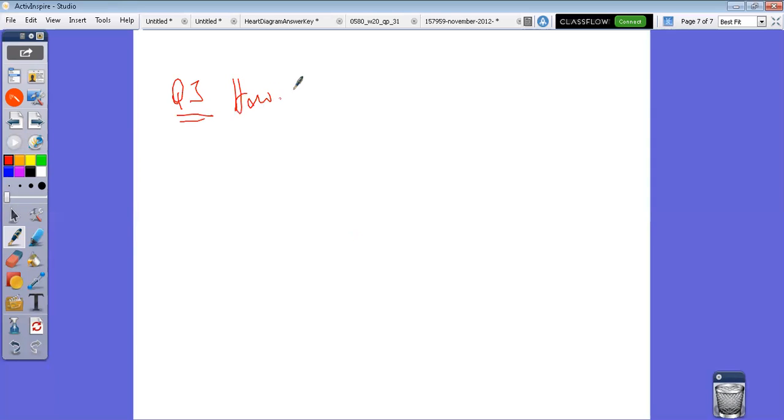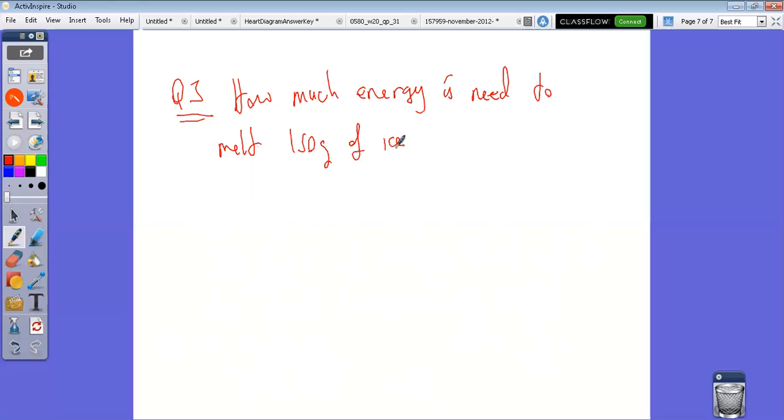How much energy is needed, write the question down, to melt 150 grams of ice at 0 degrees Celsius?